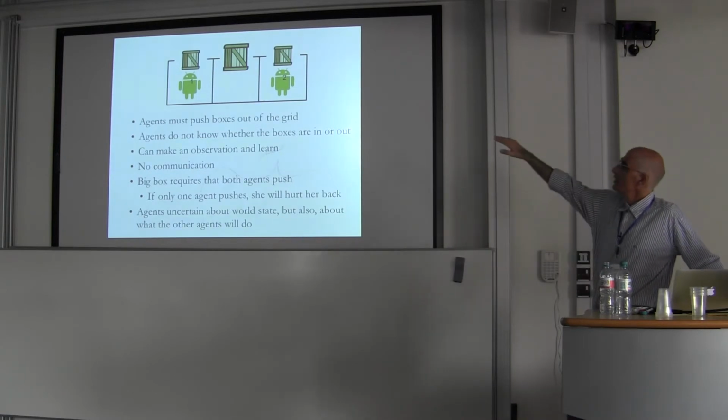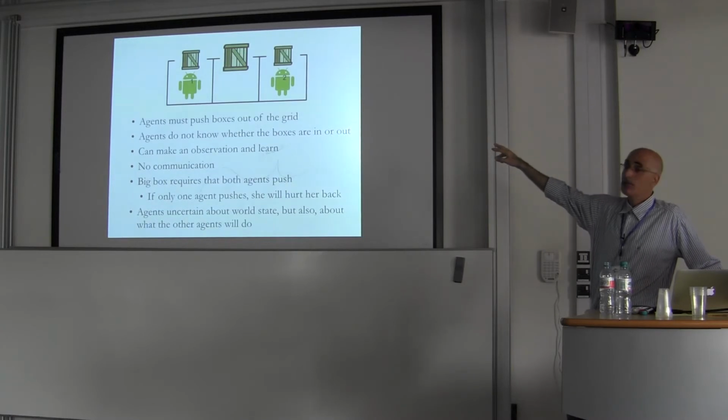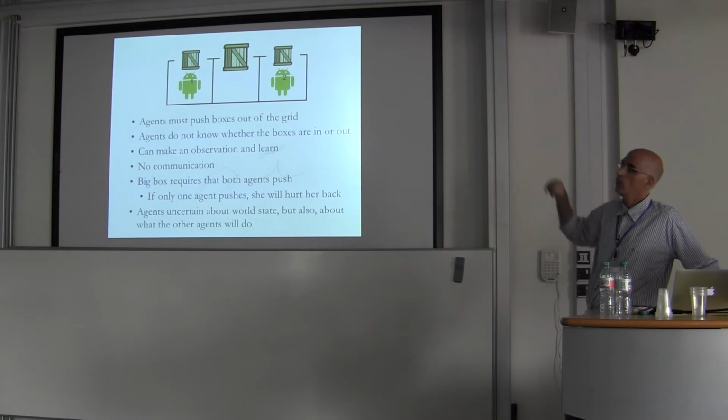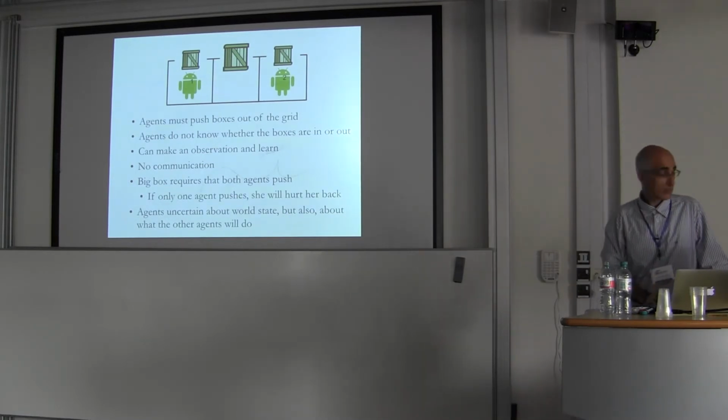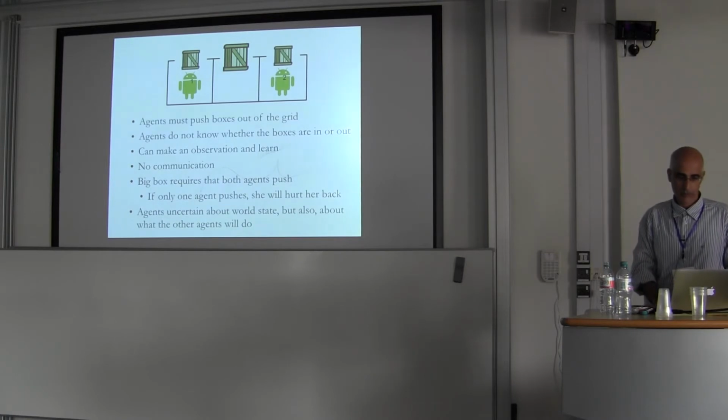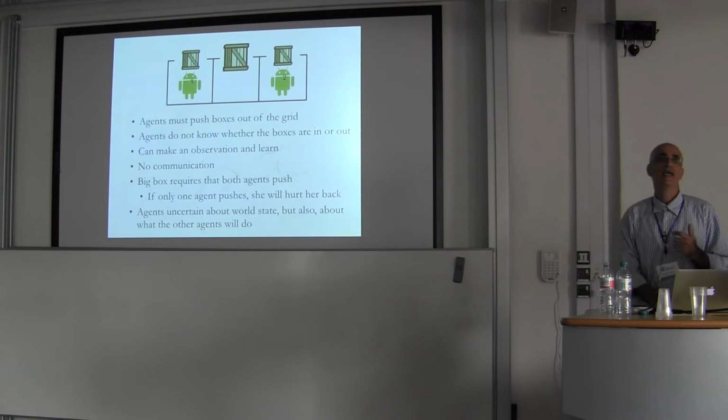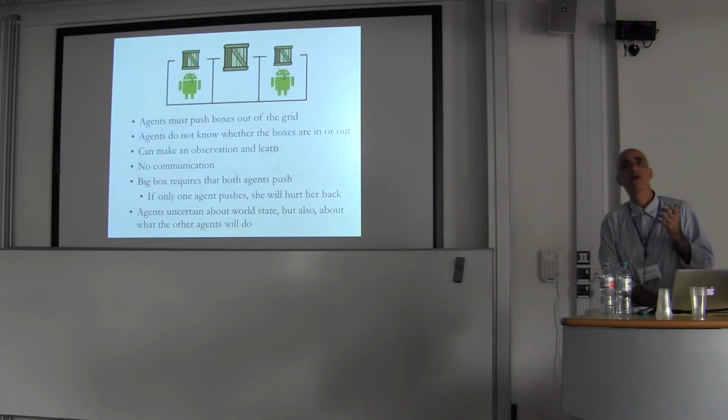So the uncertainty: initially the agents know that both of them are located in their respective states, but they don't know where the boxes are. Are they in the grid or outside the grid? The thing to notice is that in order to solve this problem, we have to deal with uncertainty and partial information because we don't know where the boxes are.